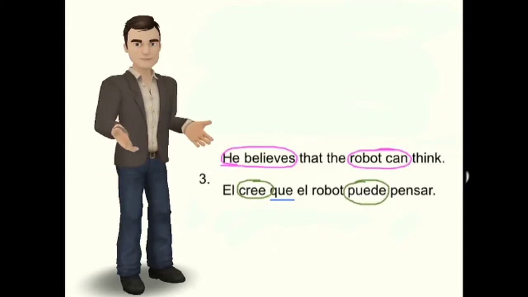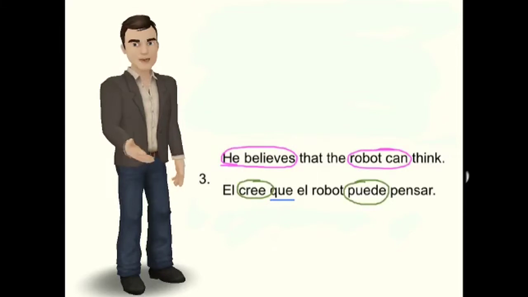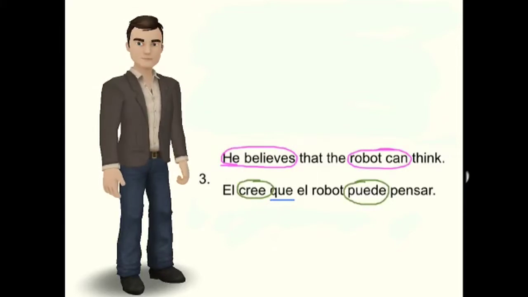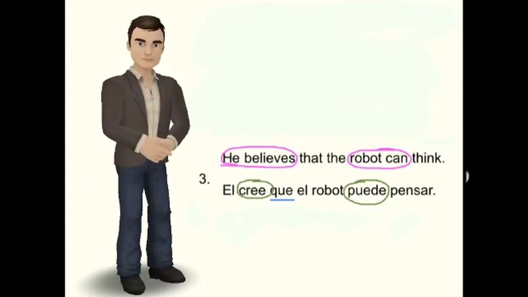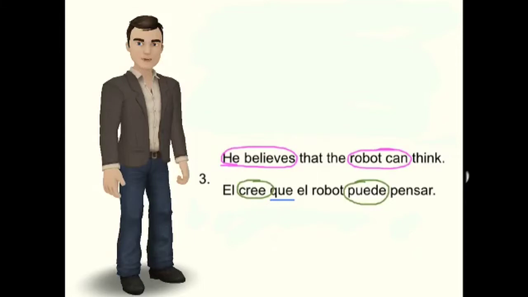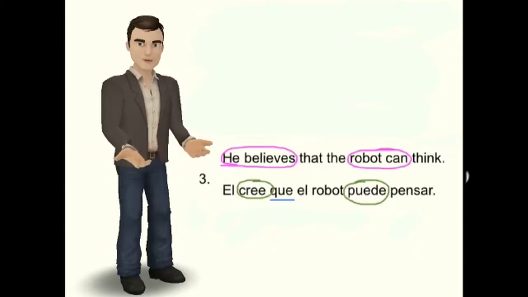Here's a third example. He believes that the robot can think. Él cree que el robot puede pensar. This last sentence is interesting because all the conjugated verbs are in the third person singular. Que is used in this case because there's one person who believes and another thing, in this case a robot, who can.